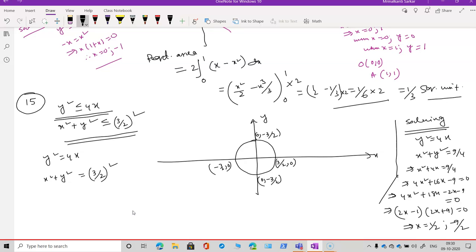So parabola will go like this. This is parabola. You can write the equation beside it, that y square equal to 4x here. And this circle is x square plus y square equal to 9 by 4. This plotting all of you will understand. There is no problem in it because parabola, circle, you have done many sums.